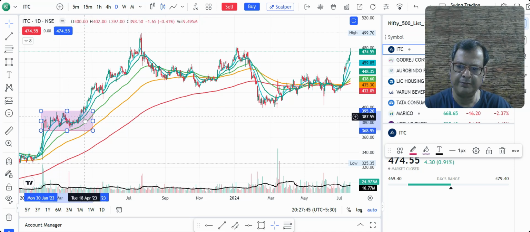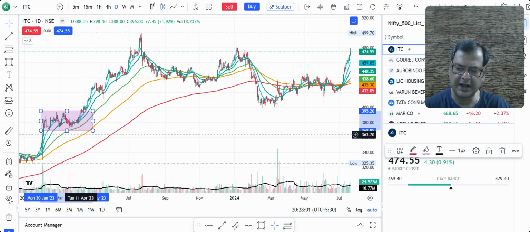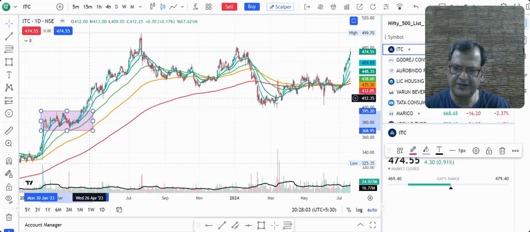And then you have a double bottom pattern here, and finally, price is breaking through this consolidation with some volume. If you look here, you have good volume above the average volume, and then price finally goes above.